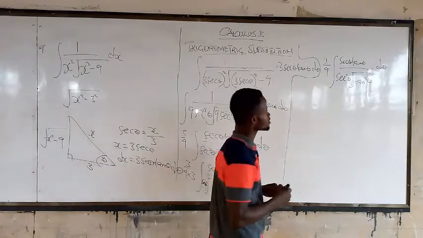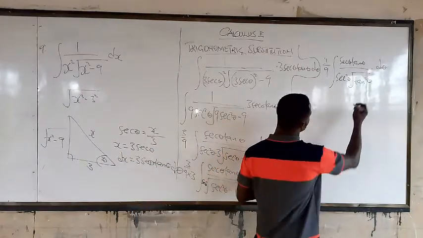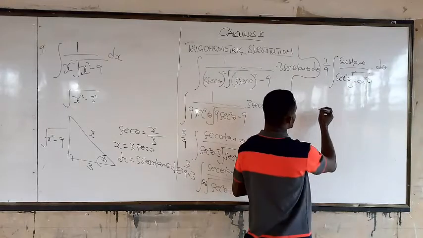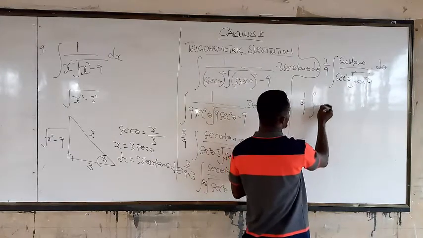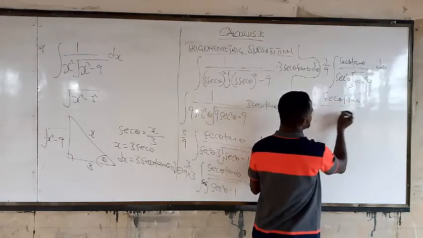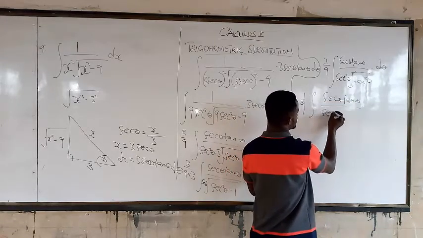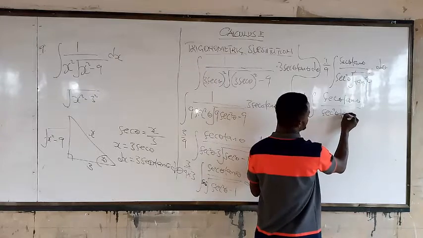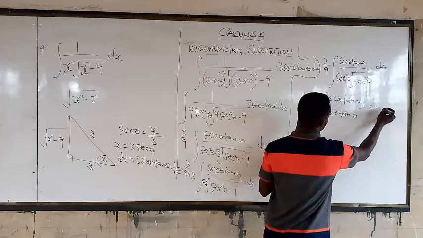So having this will take away this, we get 1 over 9 integral of sec theta tan theta over sec square theta tan theta d theta.